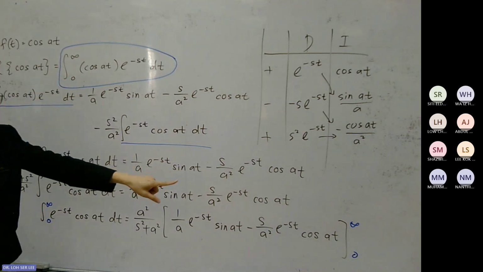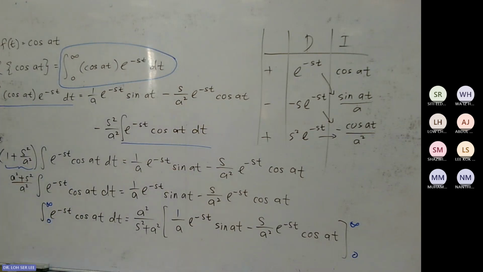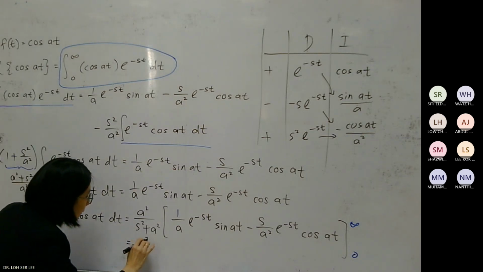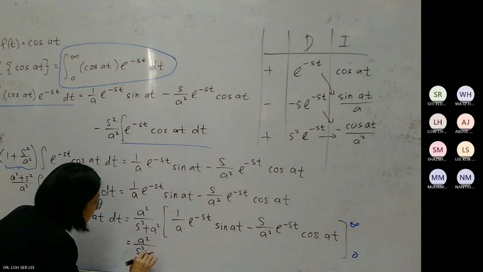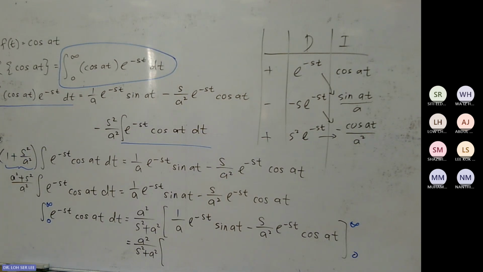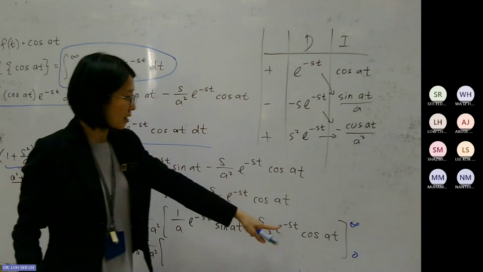So meaning that right hand side 0 up to infinity. So now we can start to substitute. We substitute the infinity into this function.